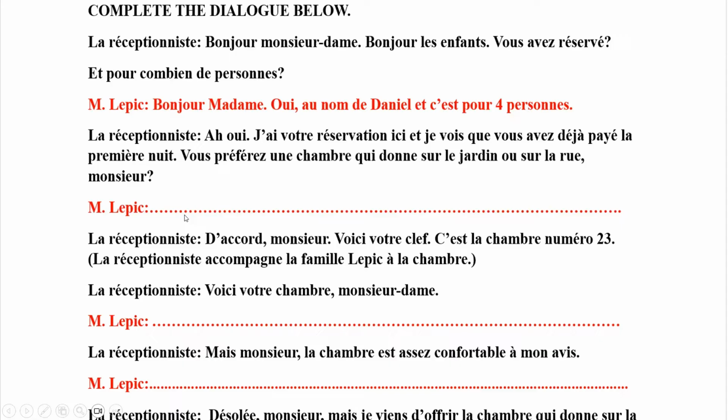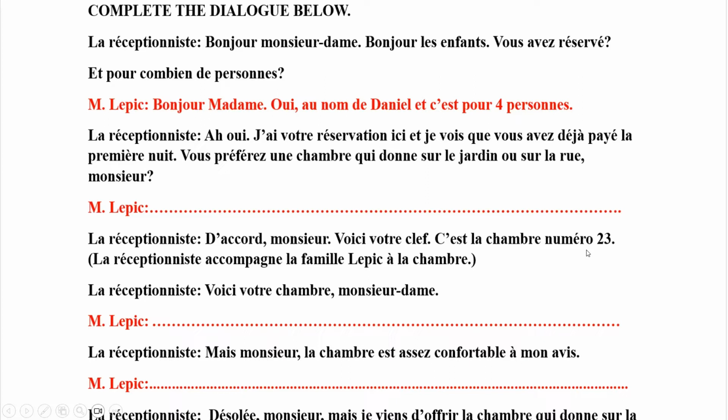Our part is blank, and we can see after that, she says, d'accord, monsieur. Voici votre clé. C'est la chambre numéro 23. So based on the question that was asked here, and based on the response that was given here, when she says, okay, sir, here is your key. It's room number 23.